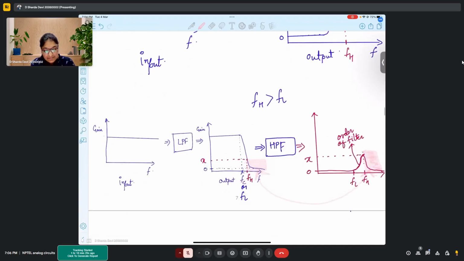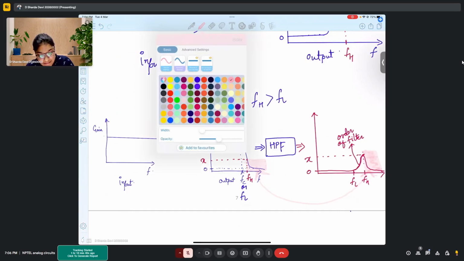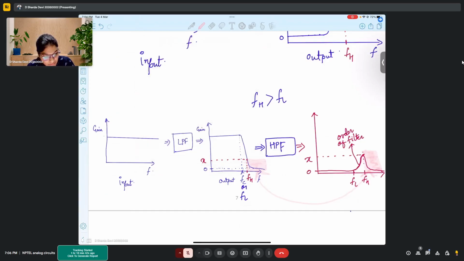Is this clear? Yes, somebody raised their hand. What is the doubt? Yes, who raised their hands? What is the doubt? So is this analysis clear?